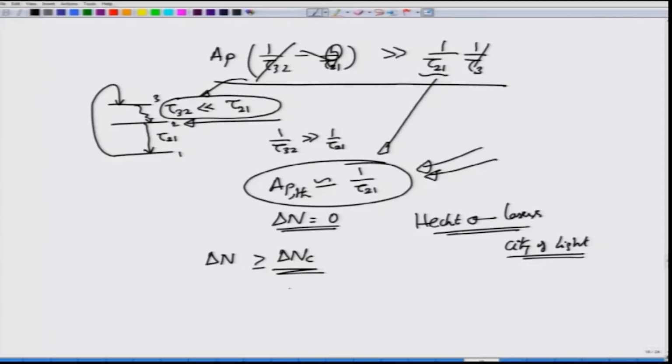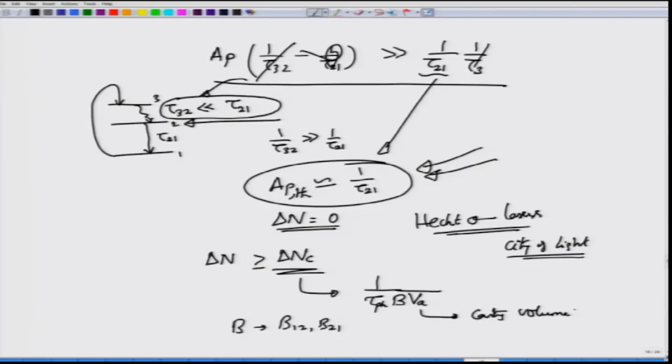Okay. I will give you the expression for this critical value, that is given by 1 by tau p h times B V A. If you are wondering what these terms are, B is just a term which we have written for B12 or equivalently B21. V A is the cavity volume.